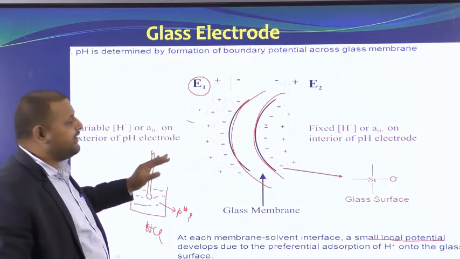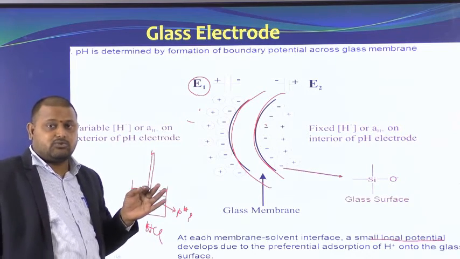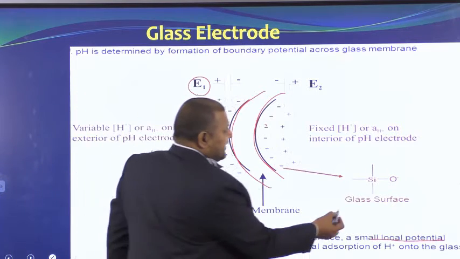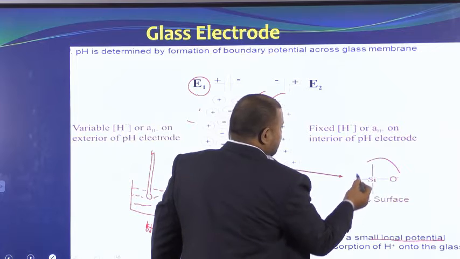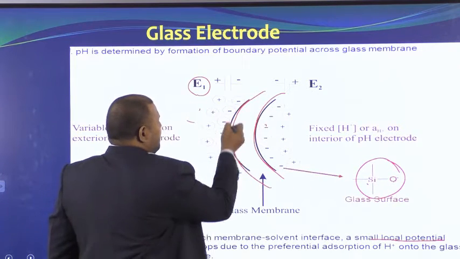So this wall you need not write, but I am just explaining to have a clear understanding about the glass electrode. The glass surface contains silica O-. This is the minus charge here, outside and inside.